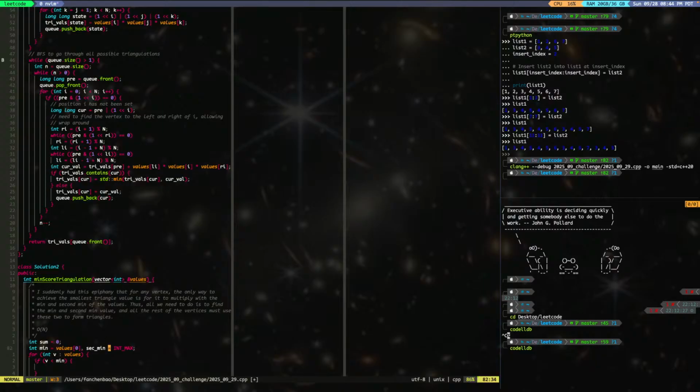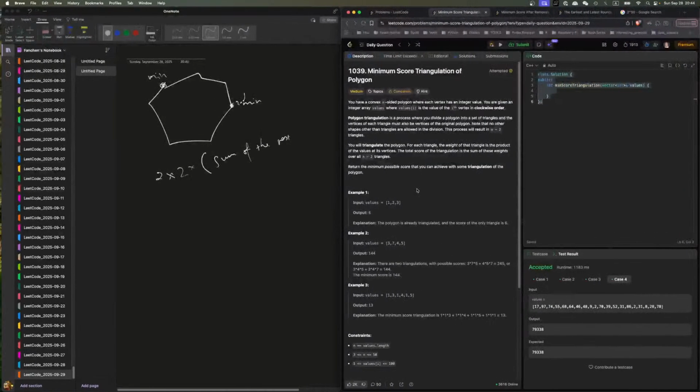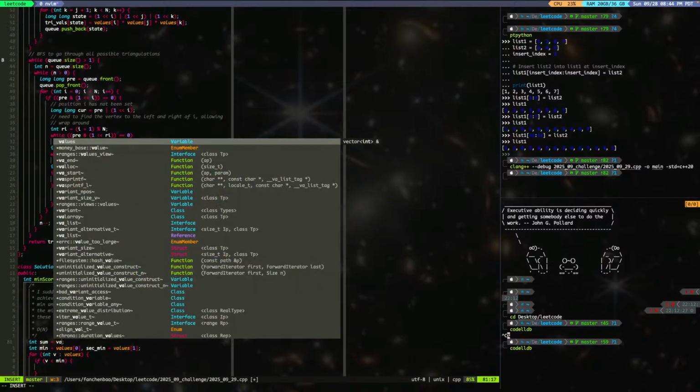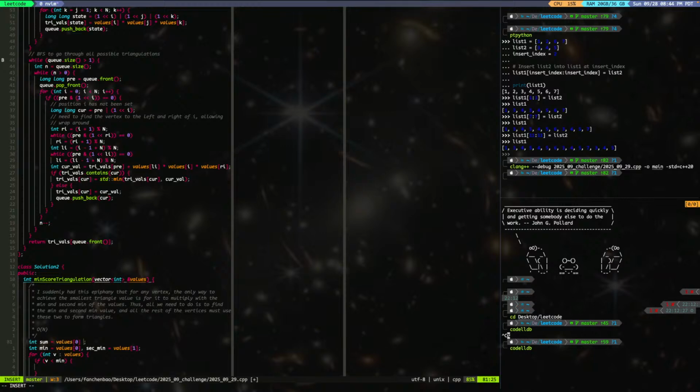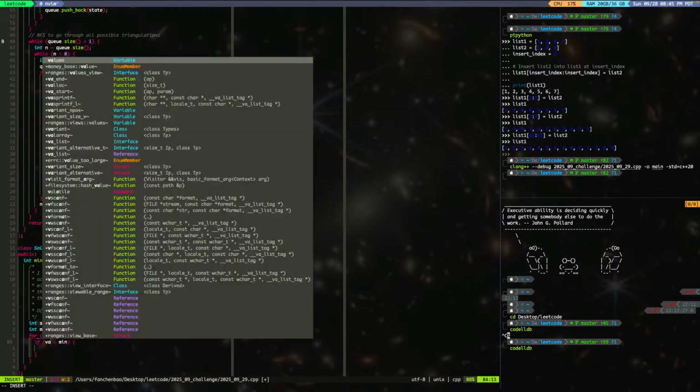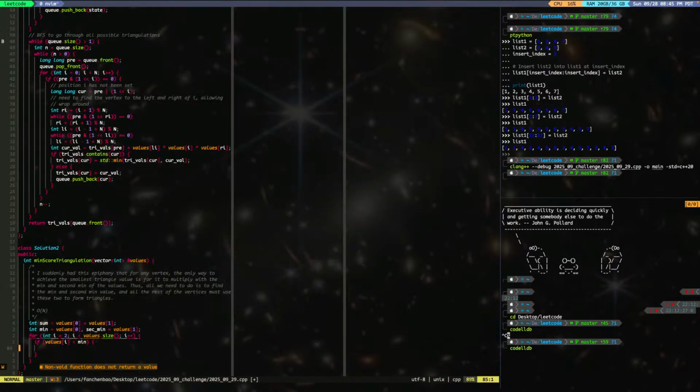Min is values 0, second min is values 1, and sum is values 0 plus values 1. Here we start with int i equal to 2, i smaller than values size, i plus plus.